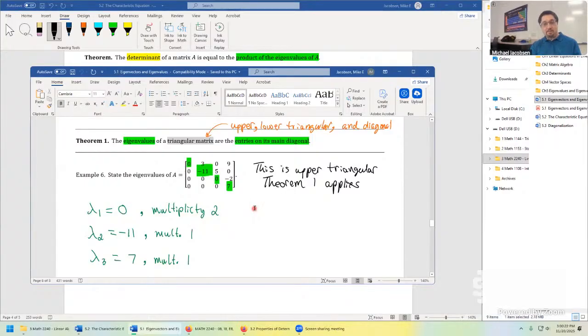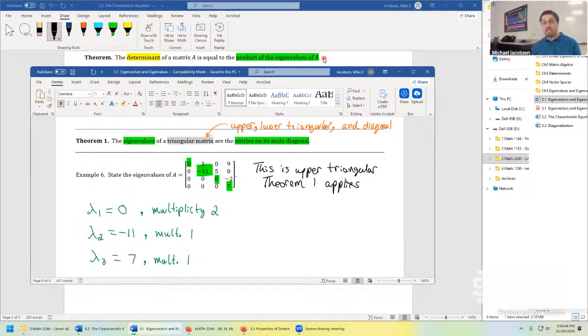But then back in chapter 3, it tells us at the same time, the determinant of a matrix A, if it's triangular, again, these same three types, doesn't matter what kind of triangular, even diagonal, the determinant is just the product of the main diagonal. So this allows us to start to suspect that the determinant and the eigenvalues are actually pretty closely related.